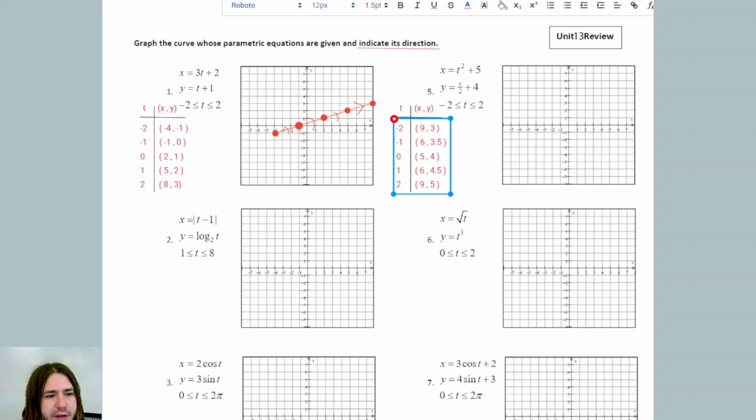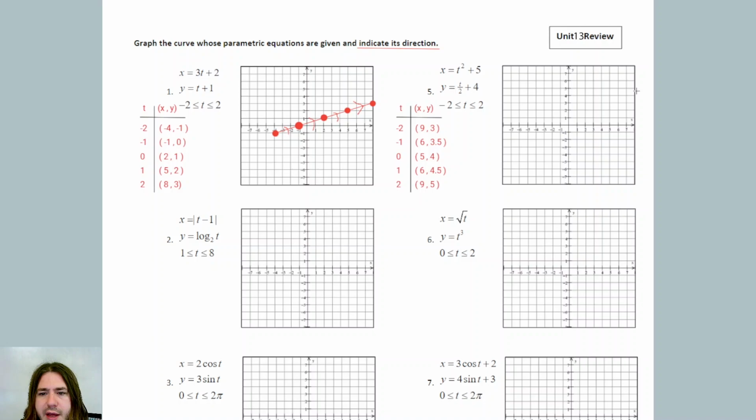So let's go ahead and start plotting these points and just keep track of the direction that we are moving. 9, 3, a little bit off of here, so it's going to be like right here. Yeah, so we got 9, 3, and then 6, 3.5, so it's going to be roughly here.